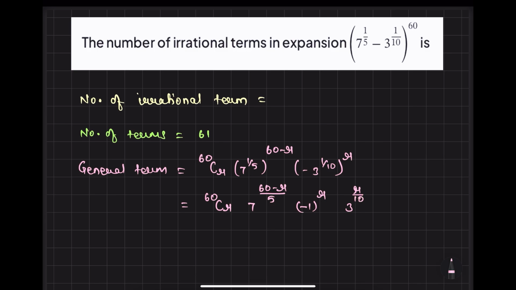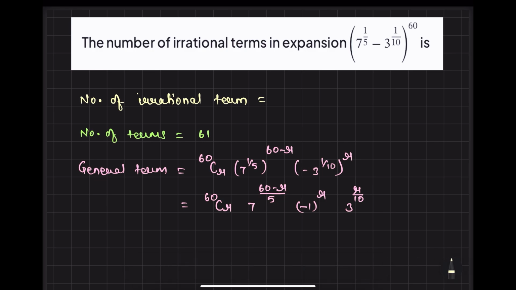I hope till this part you guys are okay. Now you know that if this power and this power are integers, we will be getting rational terms, correct? So this means we want both powers to be integers.